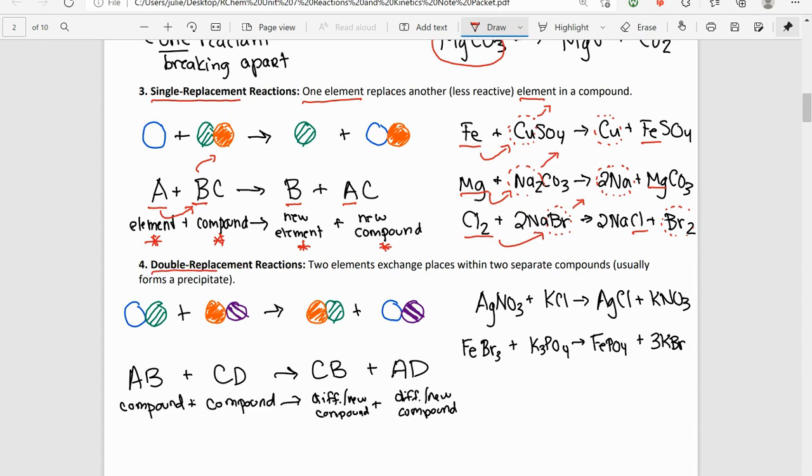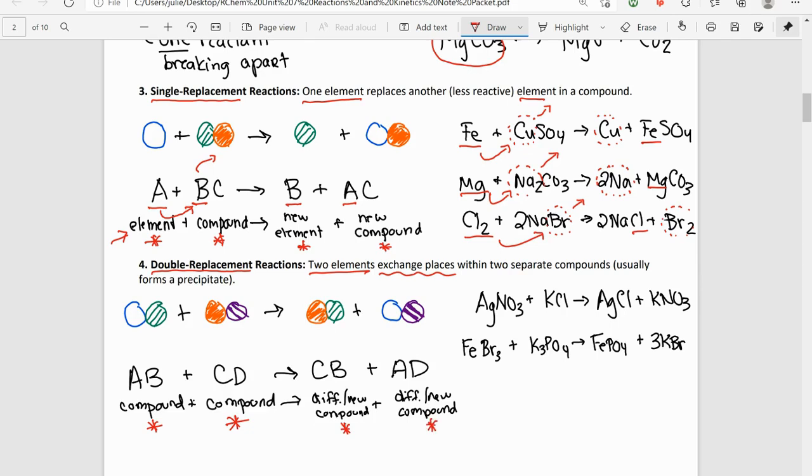The last one is a double replacement reaction. This is when two elements are going to exchange places between two separate compounds, and these often form what we call a precipitated solid. This looks the most complicated because you have two compounds instead of an element and a compound, which form two new, different compounds.